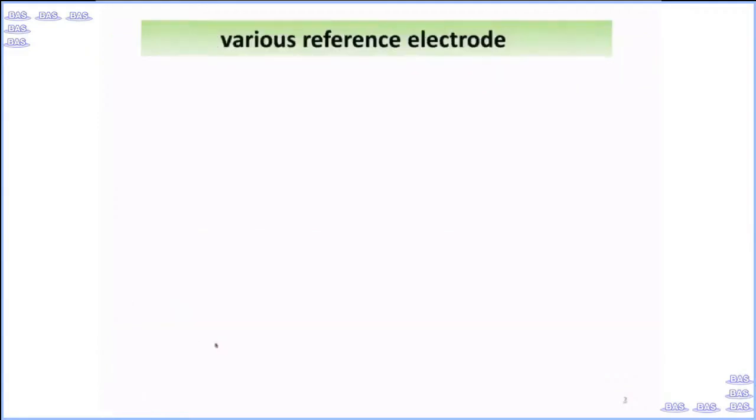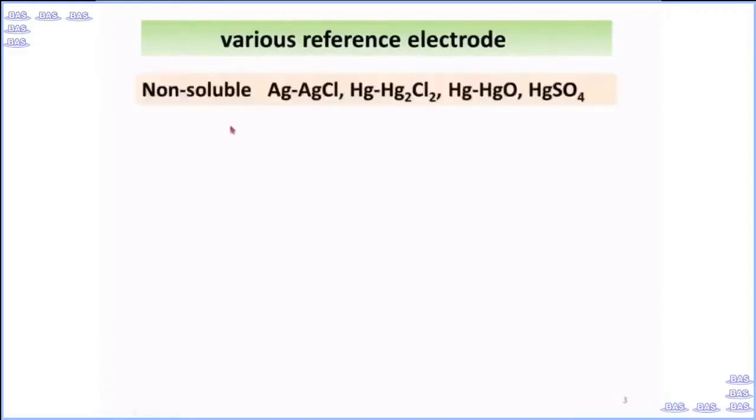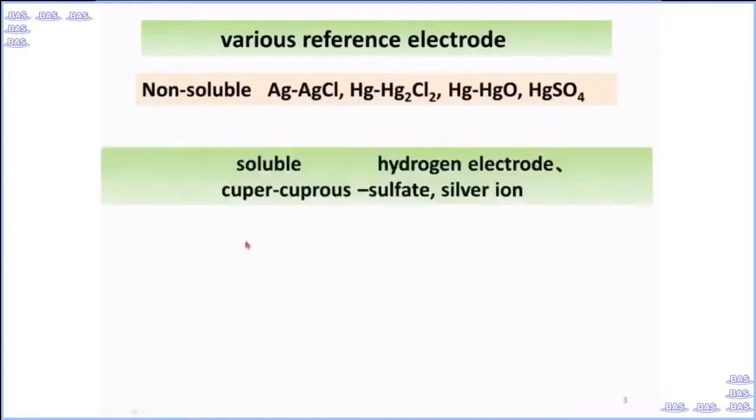Various kinds of reference electrodes are available. For example, non-soluble AgCl, Hg2Cl2, HgO, HgSO4, and a soluble hydrogen electrode, copper-cuprous sulfate, silver ion.